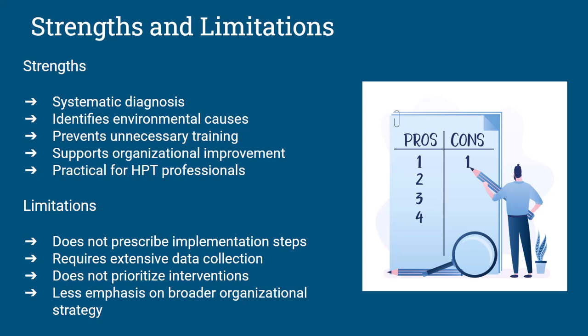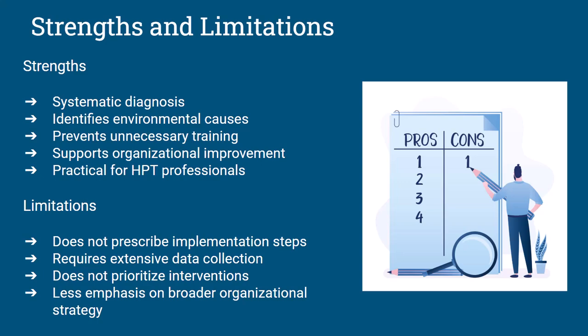Gilbert's behavioral engineering model has several important strengths. It provides a systematic way to diagnose performance problems by examining both environmental and individual factors. This helps organizations identify root causes, avoid unnecessary training, and focus on meaningful performance improvements. The model also has limitations.